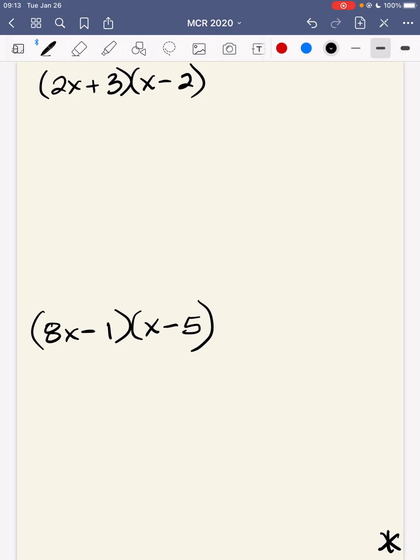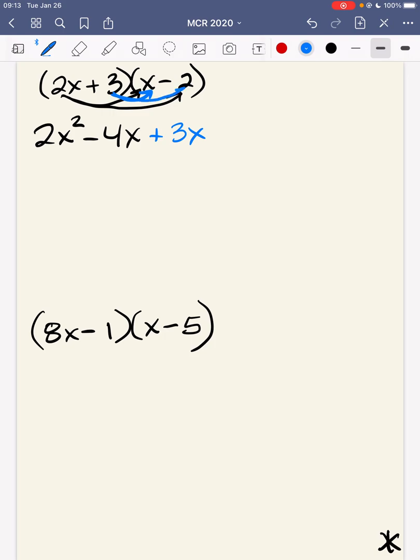All right. So I'm going to go ahead and multiply. So I have 2x times x gives me 3, or sorry, not 3, silly me, 2x squared. I have 2x times negative 2, which gives me negative 4x. I have 3 times x, which gives me a plus 3x.